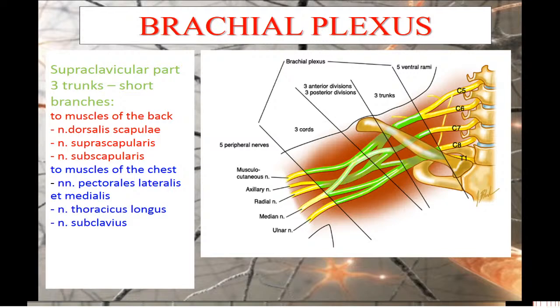This nerve passes together with the lateral thoracic artery and corresponding vein and supplies the serratus anterior muscle and also the skin in the region of the mammary gland. And the subclavian nerve supplies the subclavian muscle.